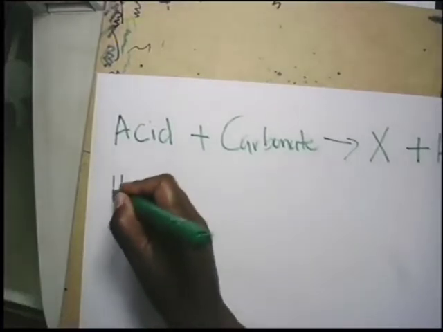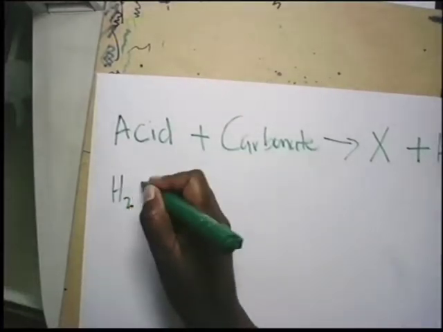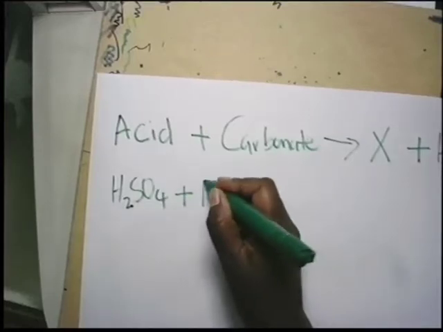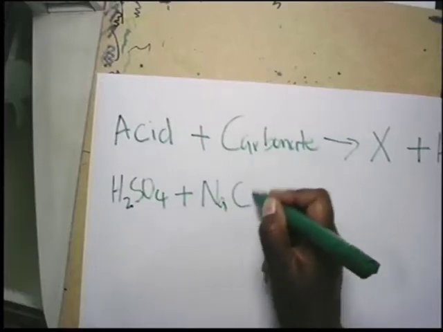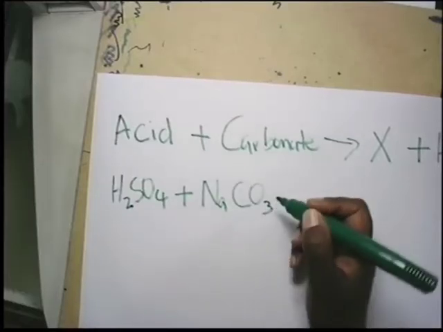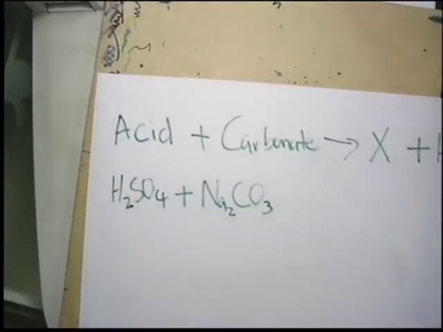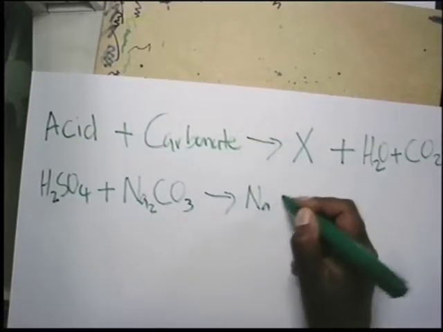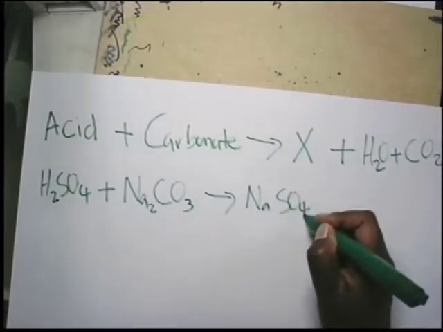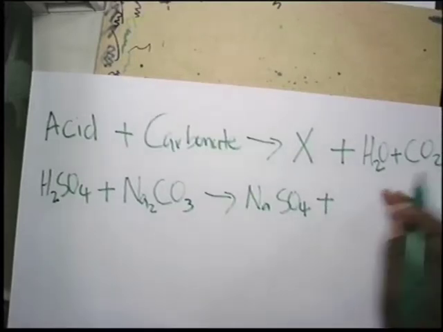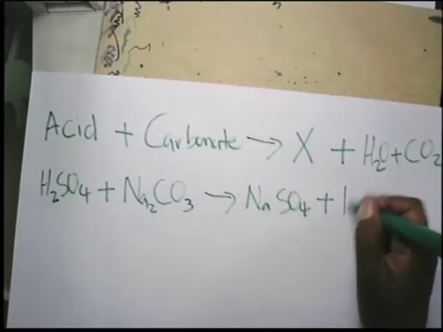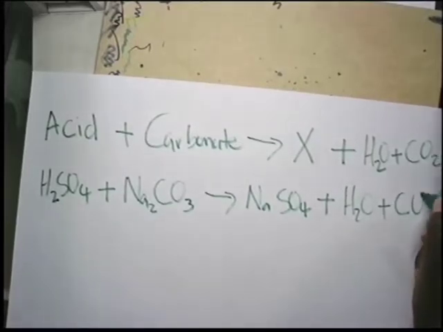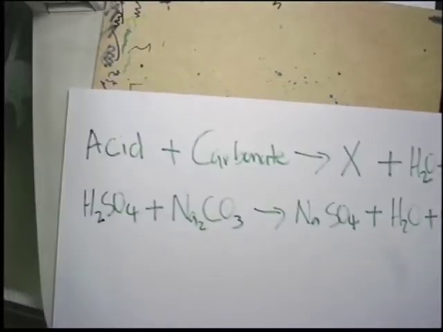We have sulfuric acid reacting with sodium carbonate, and this gives us sodium sulfate, and because it's an acid and a carbonate, there must always be water and carbon dioxide. Now let's balance this equation.